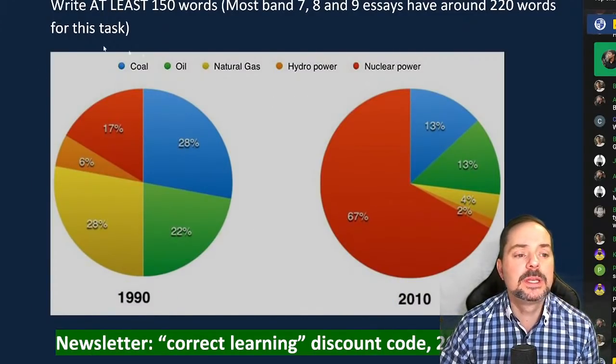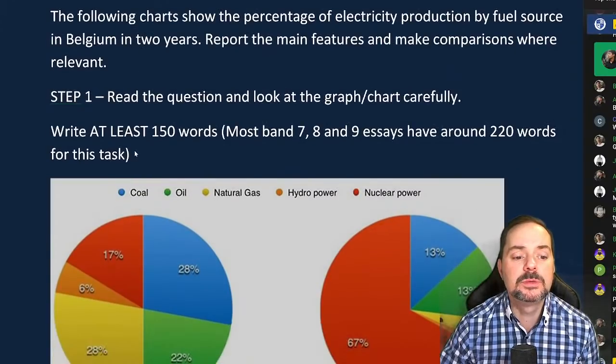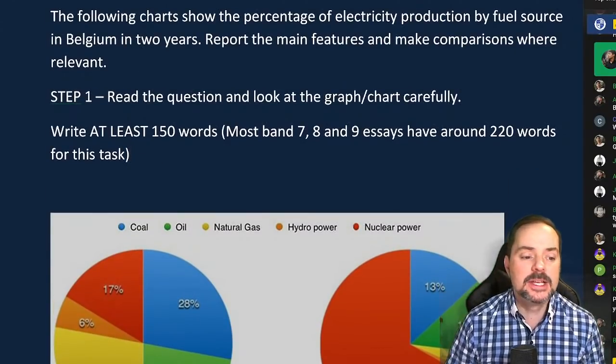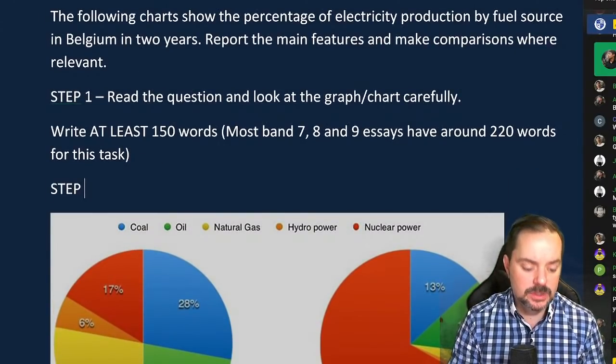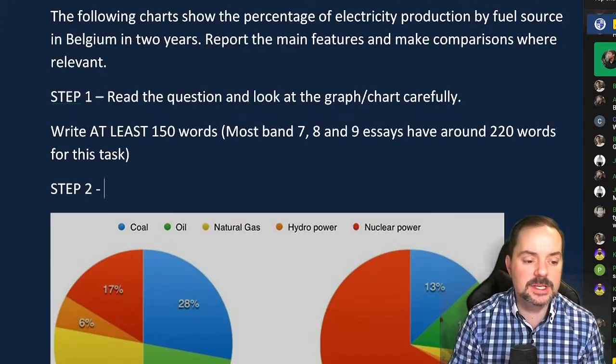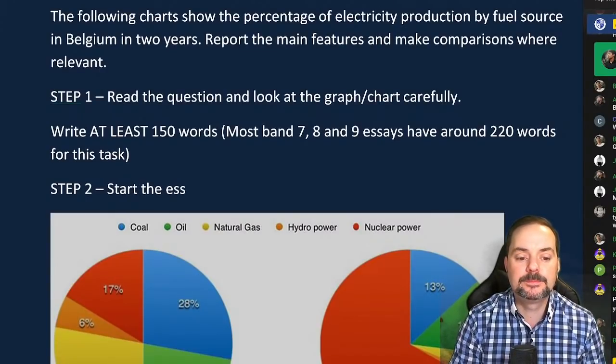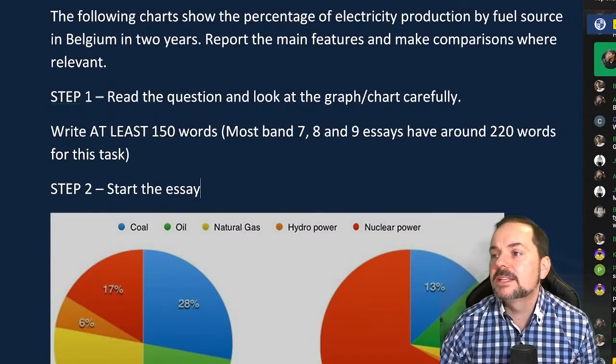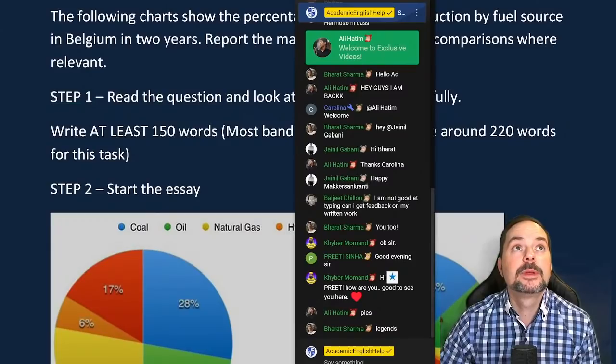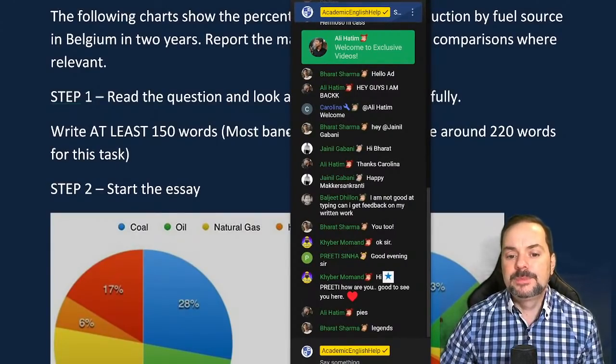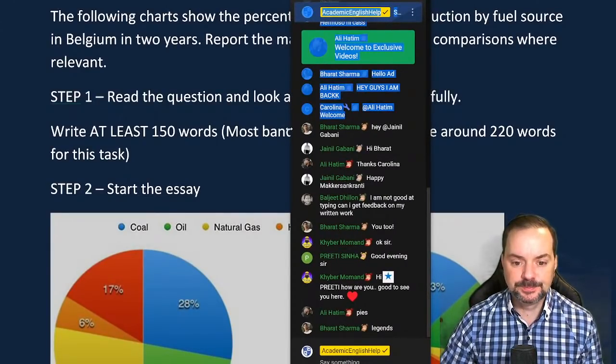And now we can begin step 2, which is actually beginning our essay, okay? So step 2 is start the essay. Members, what type of essay is task 1, academic?